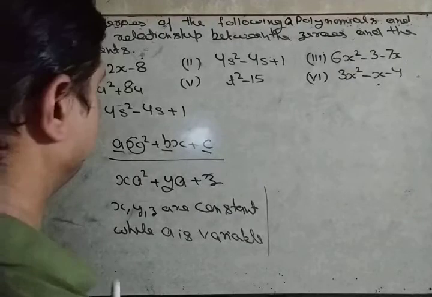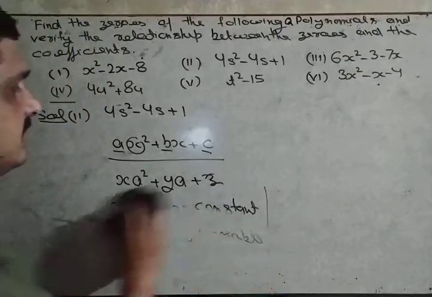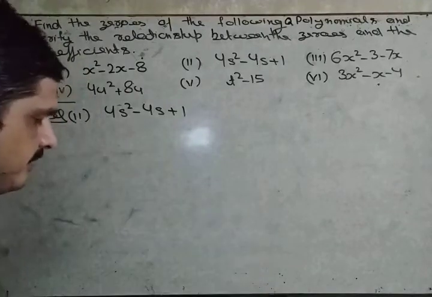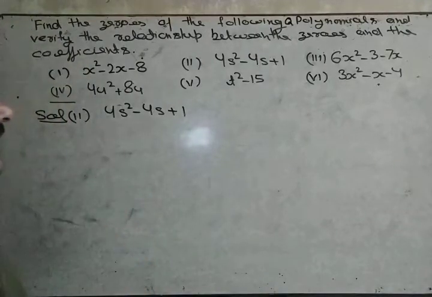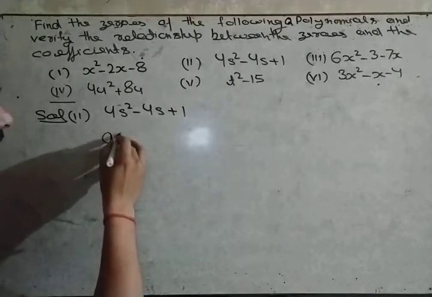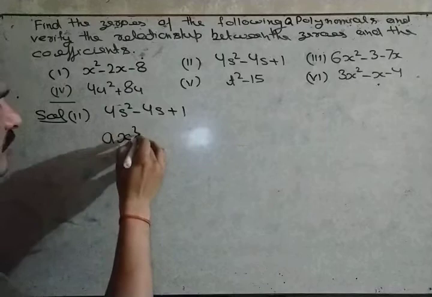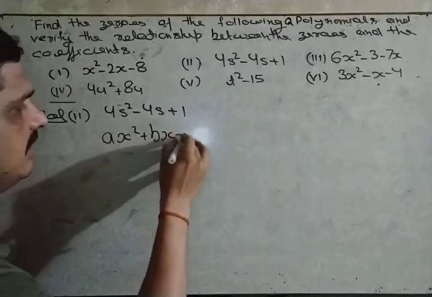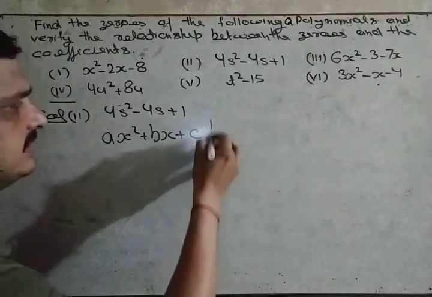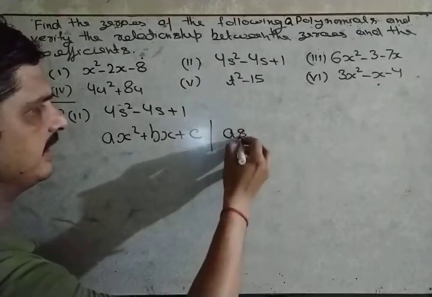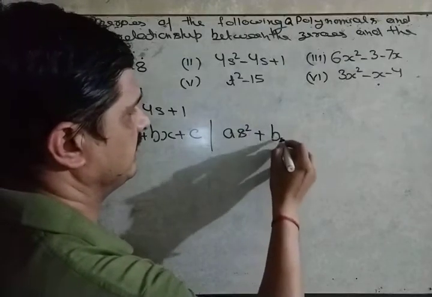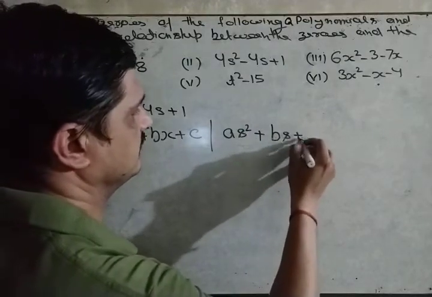So here variable is s. Variable is s. Let us compare the equation with a x square plus bx plus c, or you can also make this equation like this: a s square plus b s plus c.